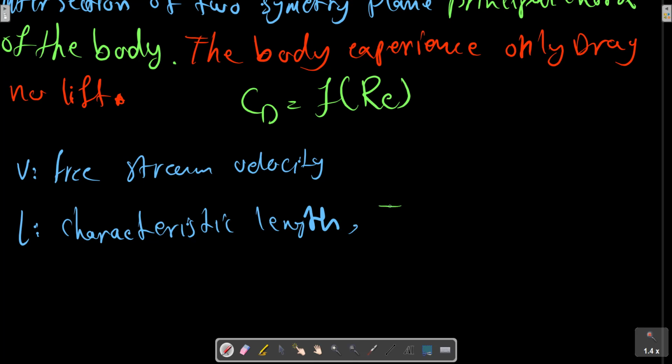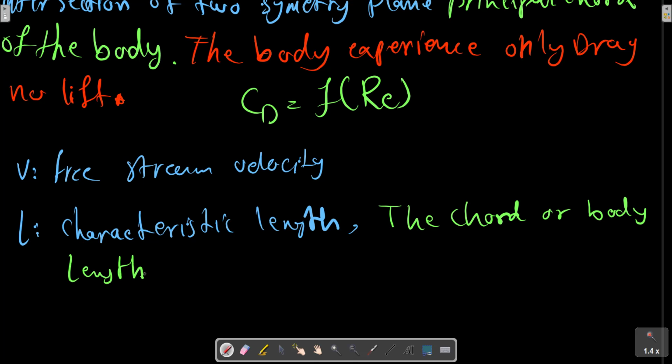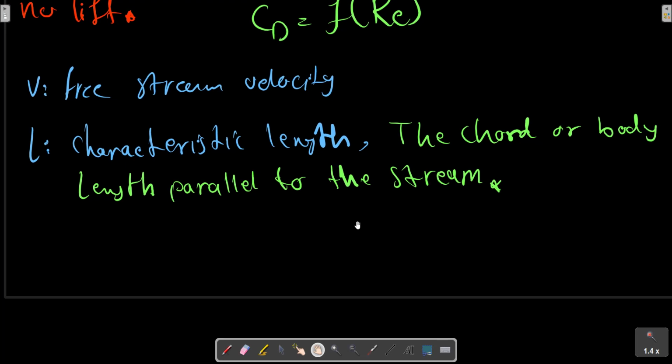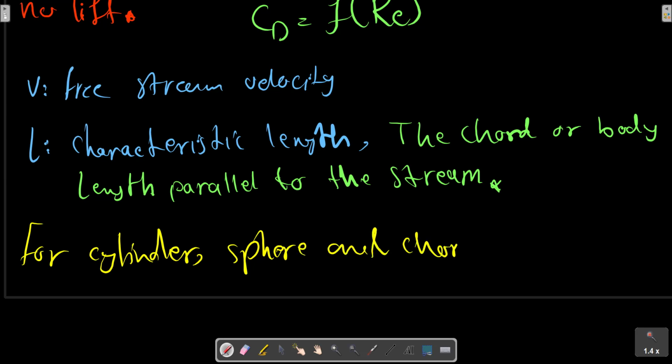For cylinders, spheres, and discs, the characteristic length is the diameter.